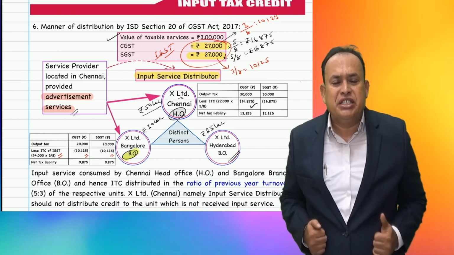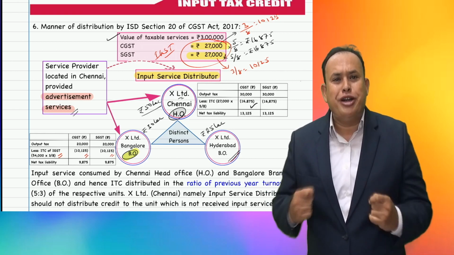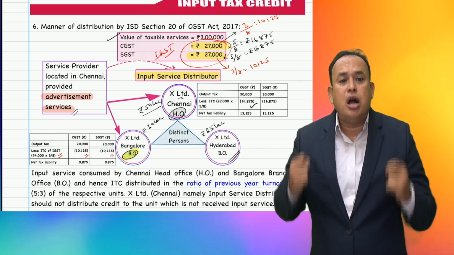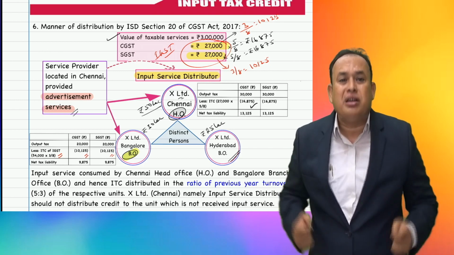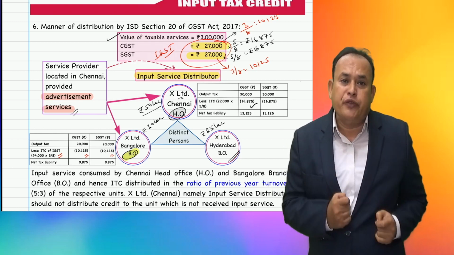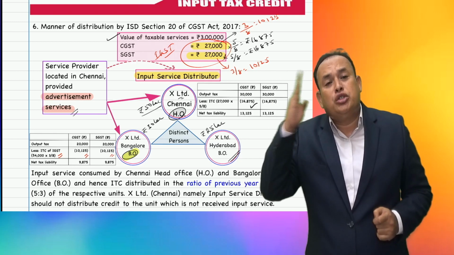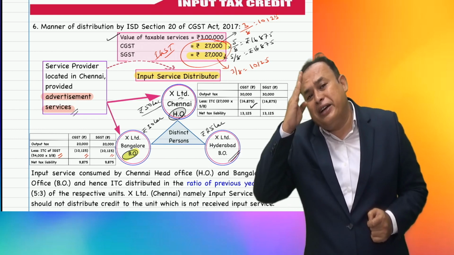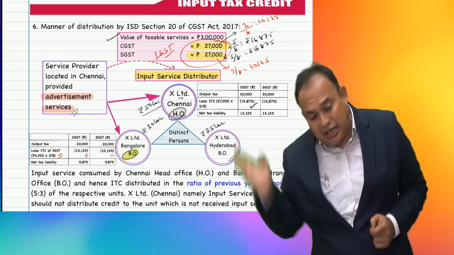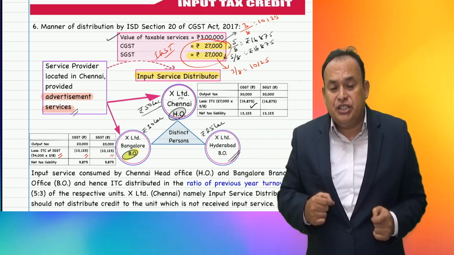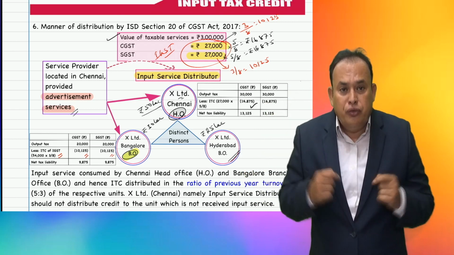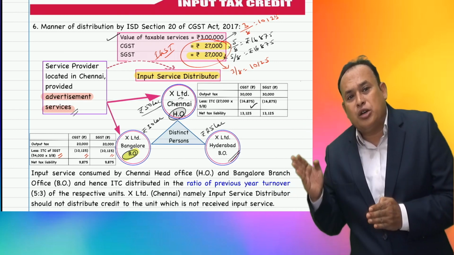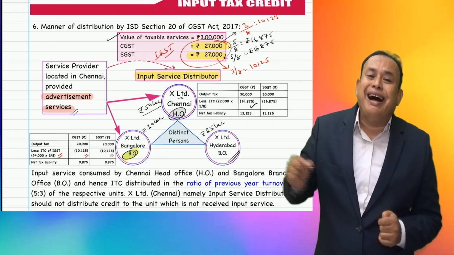Now, what is the date? Today is 4th October 2023. That means we are in the third quarter, the October, November, December quarter of financial year 23-24. If so, the 22-23 financial year turnover is not available. In the current financial year 23-24, where we are in the third quarter, the immediately preceding quarter means July, August, September.